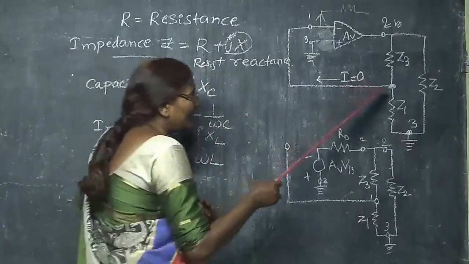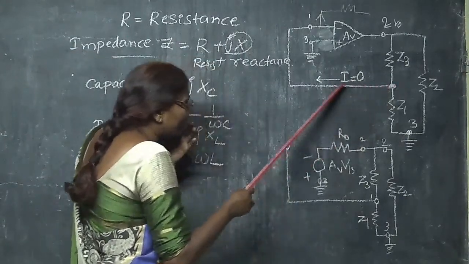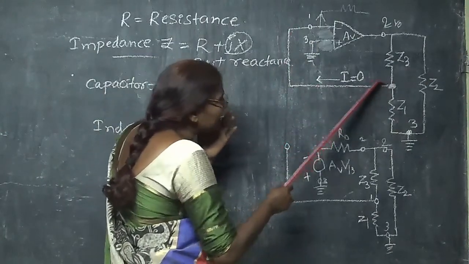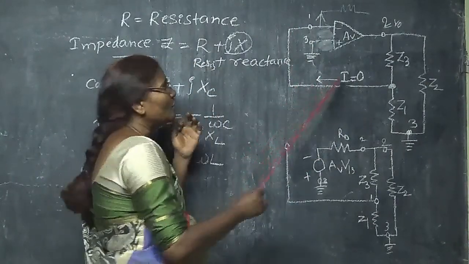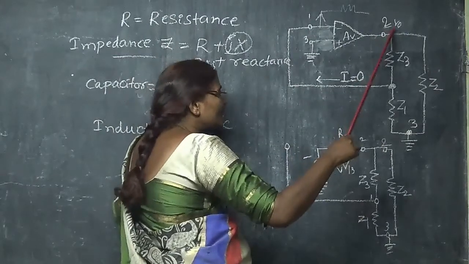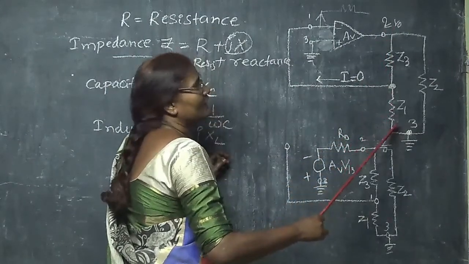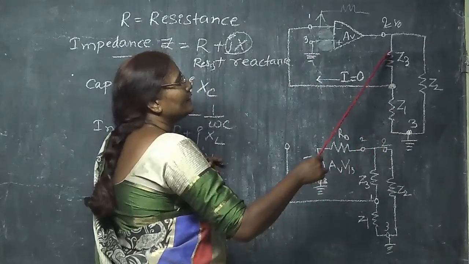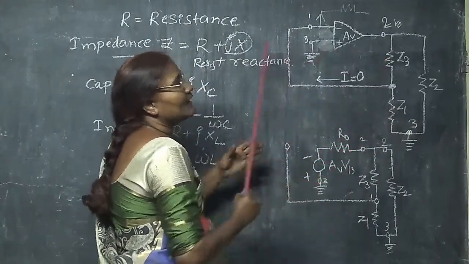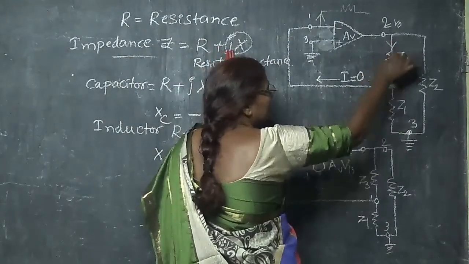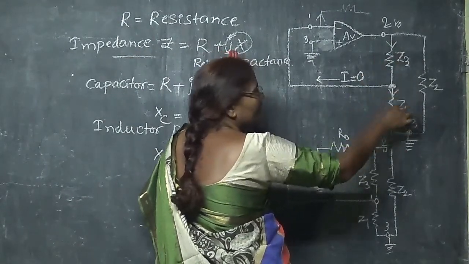Even though we connect a wire from this point to this point also, no current will enter this. So whatever current comes from this point, the same current will go through this Z1 also. In the way they are connected, we can say that whatever current is flowing in this, the same current will flow in this also.